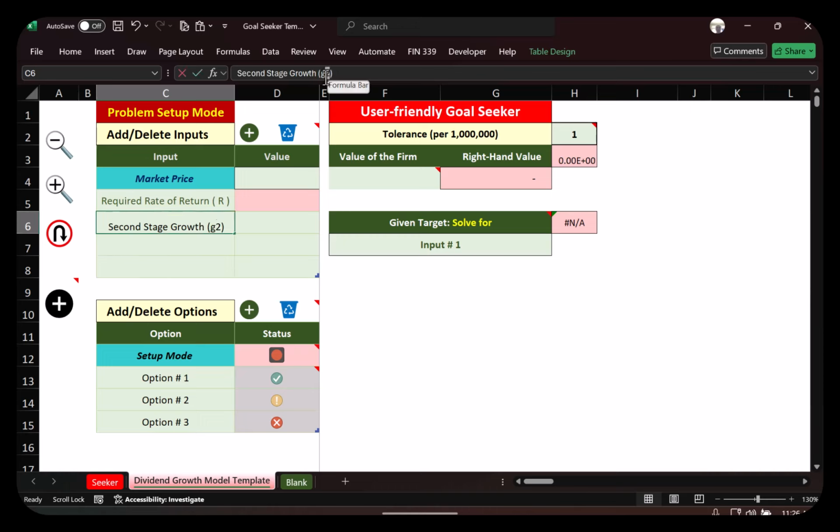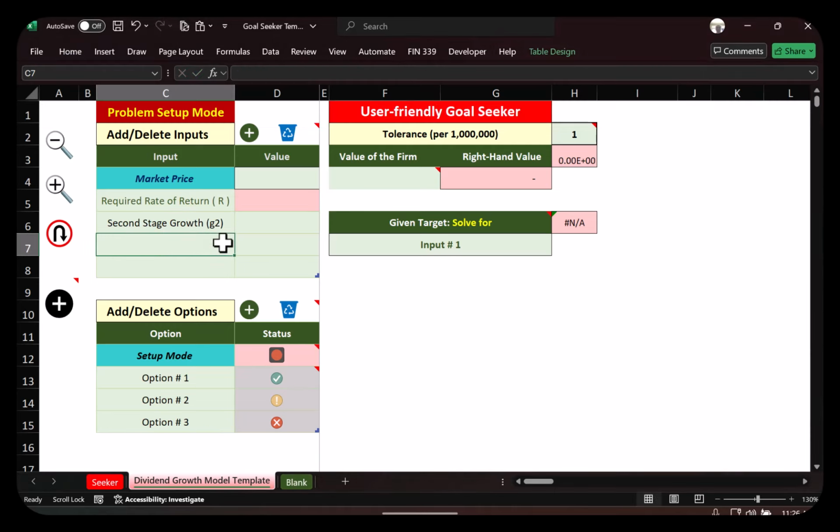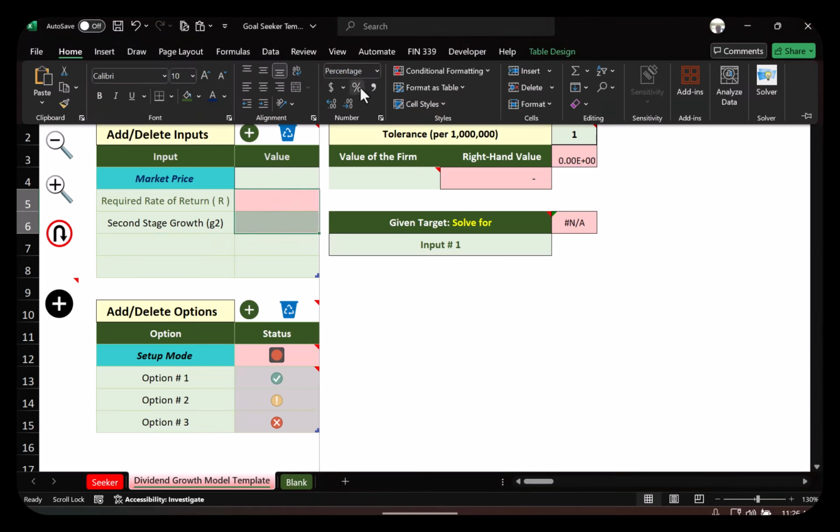I think I should be able to make that a subscript. Let me see. Well, let's just call it G2 for now. These are percents.